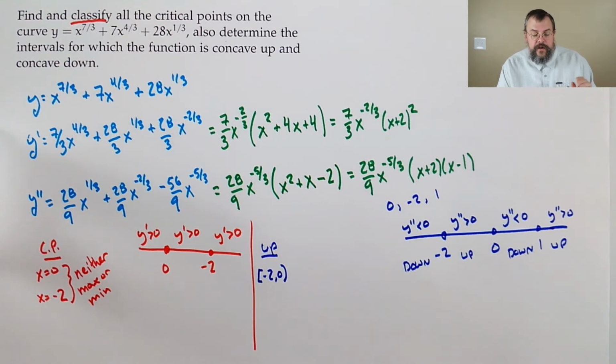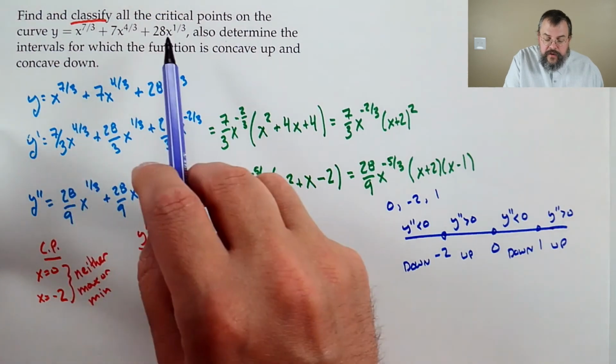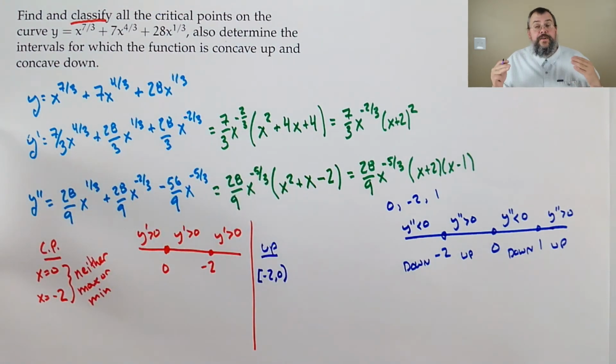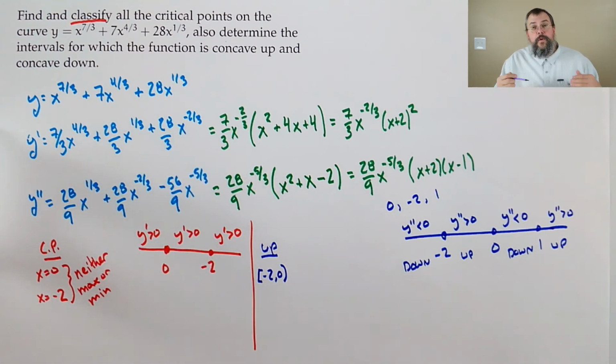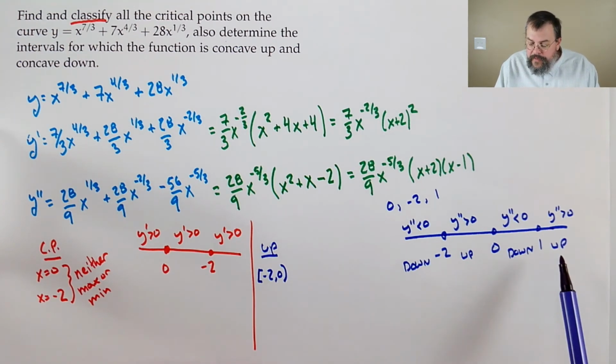There's nothing wrong with 0 because there's no negative exponents in the original function. 0 is not a point on our derivative because we have that negative exponent. And when we talk about concavity, we really are saying what's happening to the derivative. And since the derivative isn't defined at 0, we really can't include it in the conversation. So that's why I wouldn't include 0. All right. Now, back to writing things up.